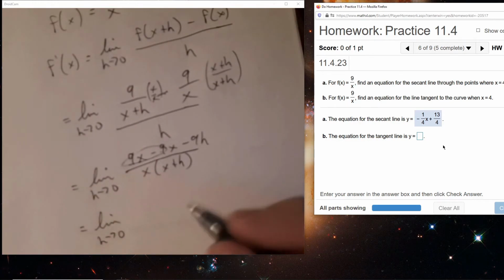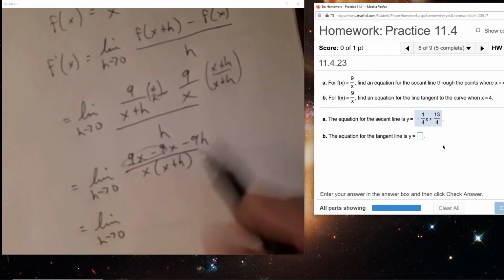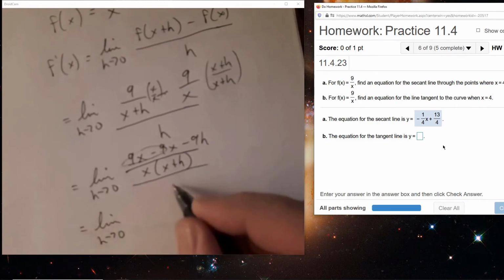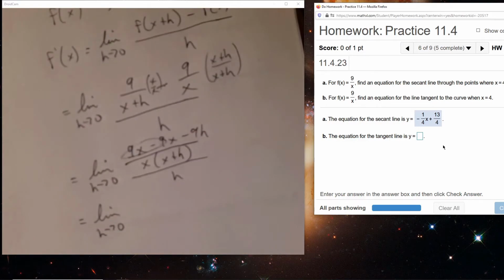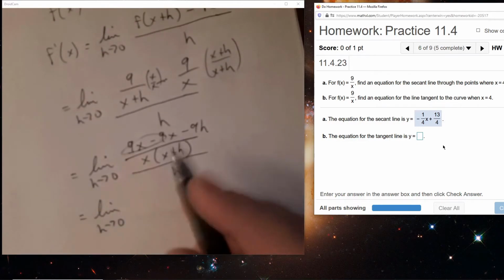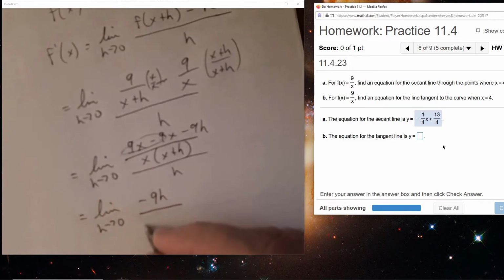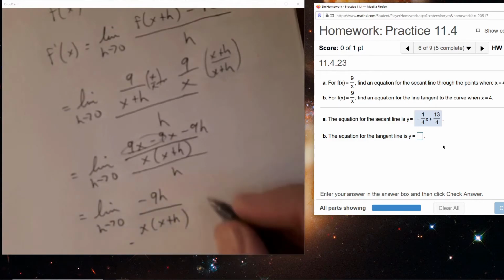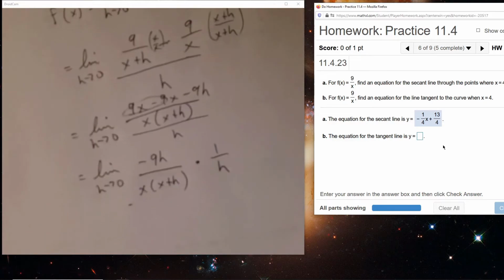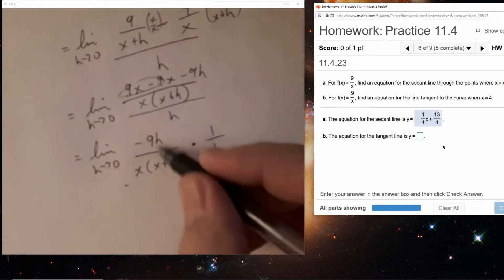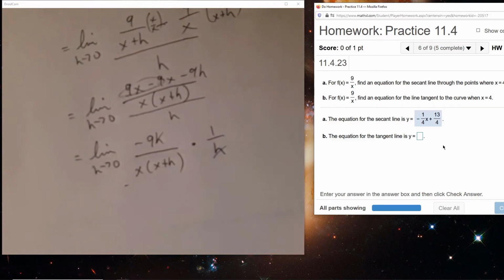So we're left with, oh, I'm sorry, I forgot. All this is divided by h still. Forgot about that part. So rewriting this again, so we have in the numerator minus 9h, x plus h. Now, everything divided by h is exactly equivalent to multiplying by the reciprocal. So these h's will divide out.